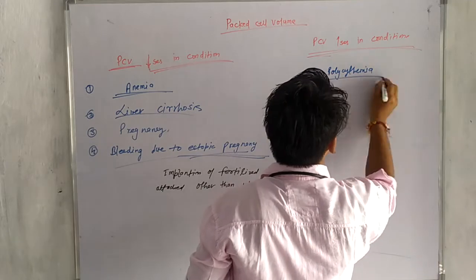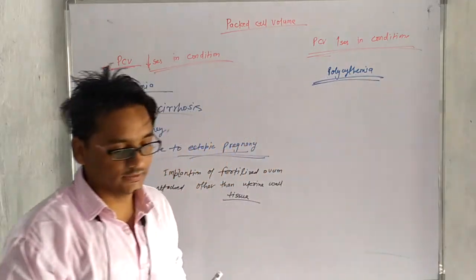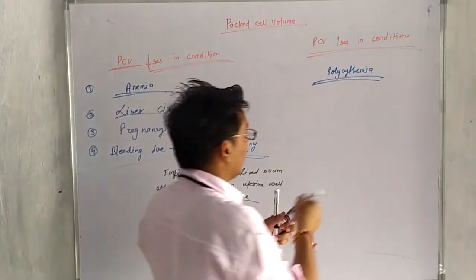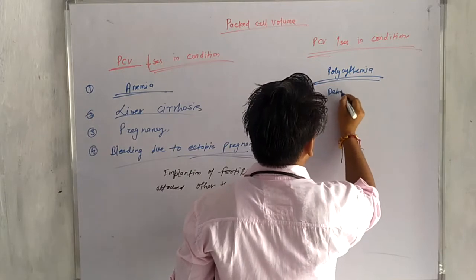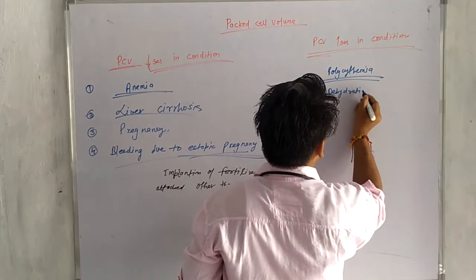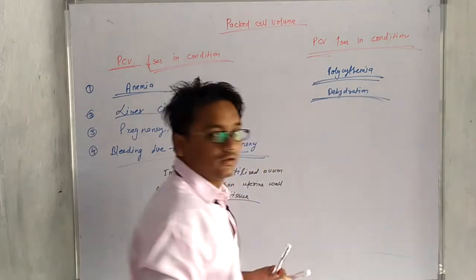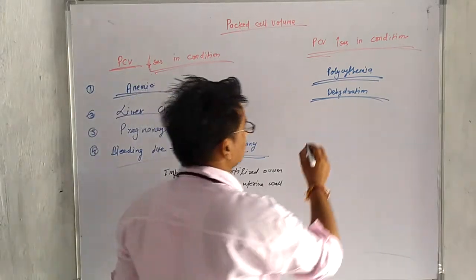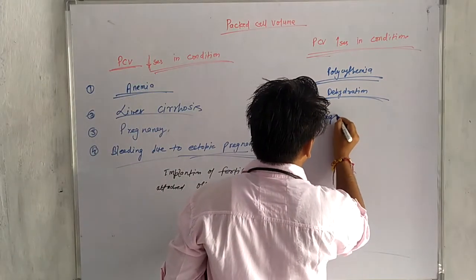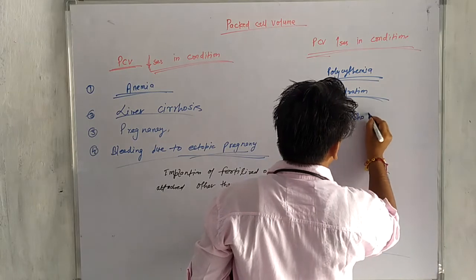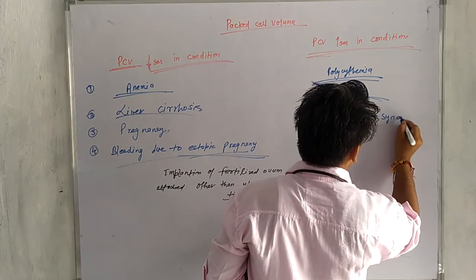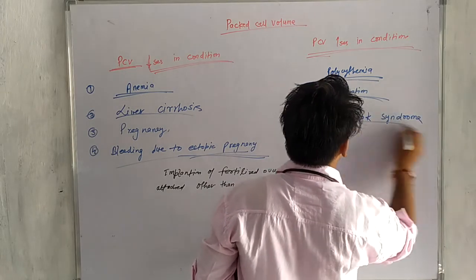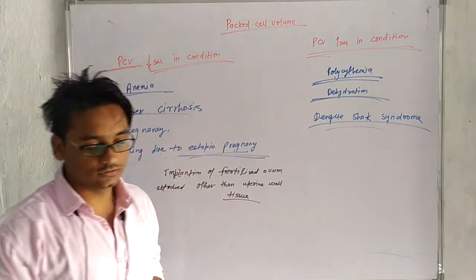In this condition, the number of RBC increases. Second, dehydration. And third is dengue shock syndrome.